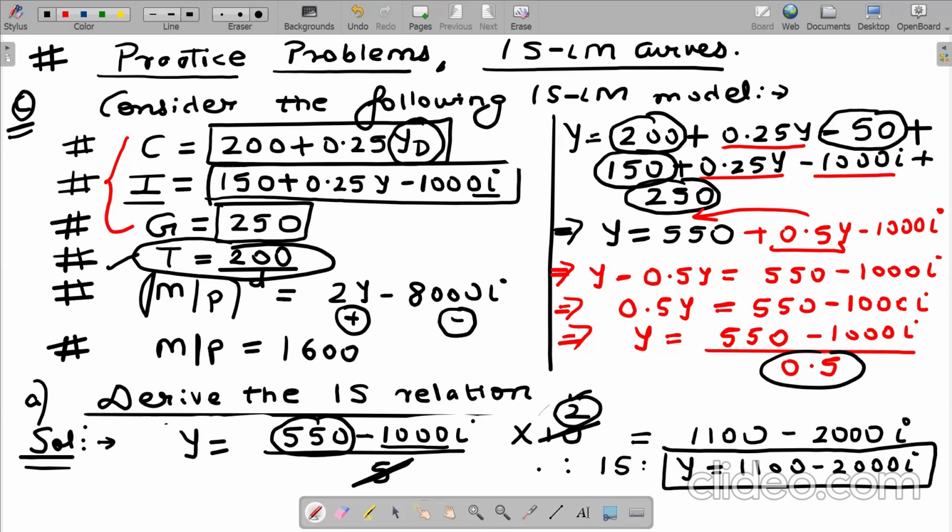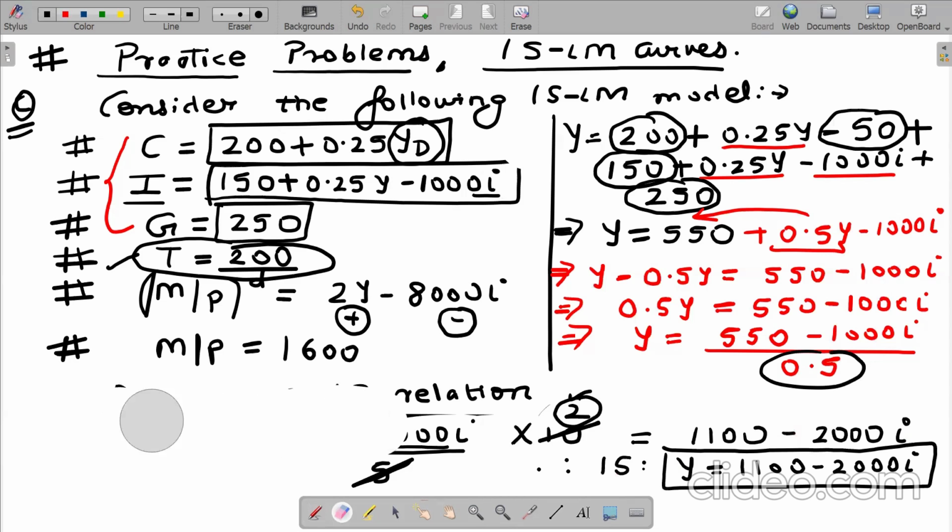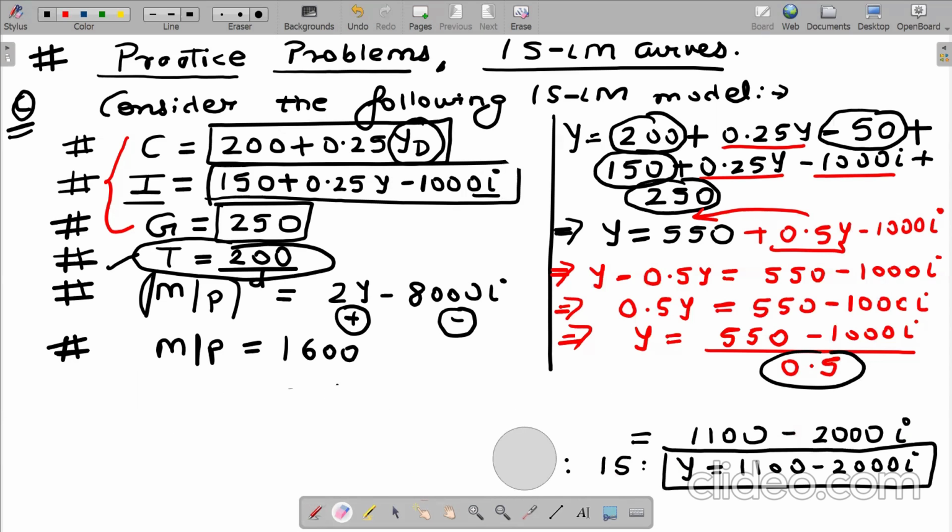Okay, and now let me erase some portion and let's look at what part B is asking. Part B is derive the LM relation.